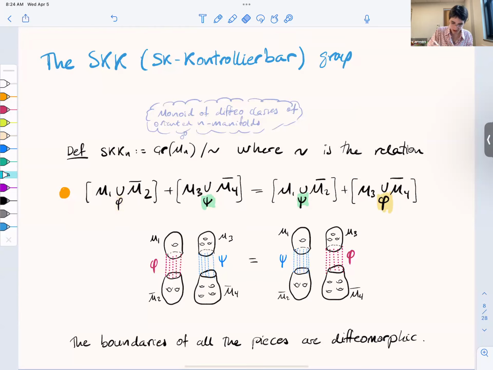So here it is on this line. Let's see what we are looking at here. First of all, we have M1 and M2 glued via phi. And on the other side, we also have M1 and M2 glued via psi. Those two red boxes, those two things are actually cut and paste equivalent.